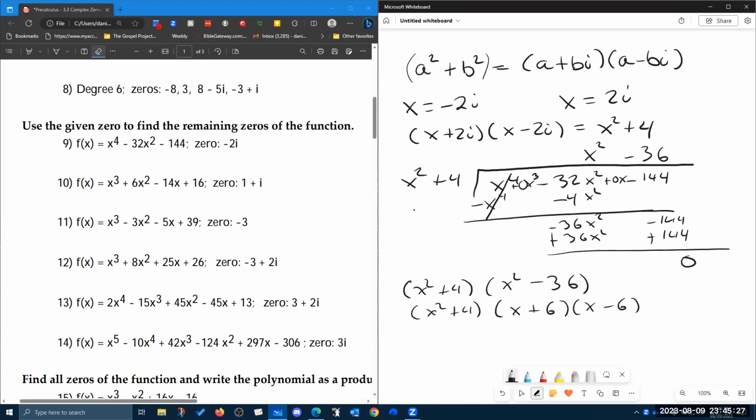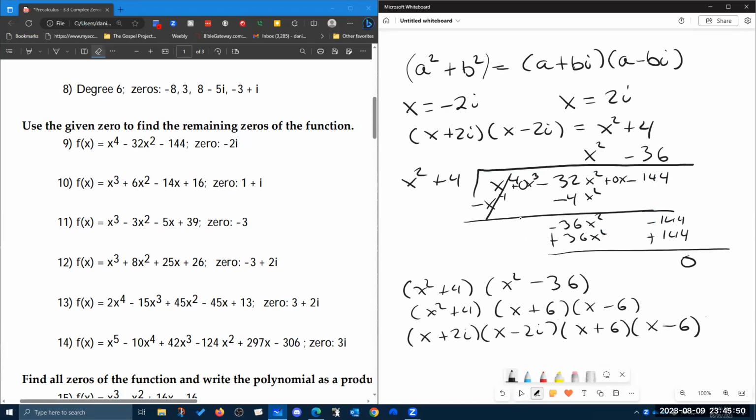If I want to break this down into linear factors across the complex numbers, this is going to be x plus 2i, x minus 2i, x plus 6, and x minus 6. 1, 2, 3, 4 factors for a fourth degree polynomial.